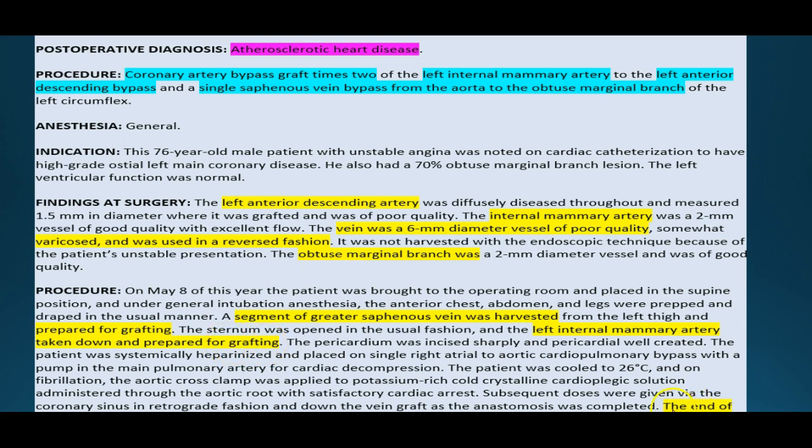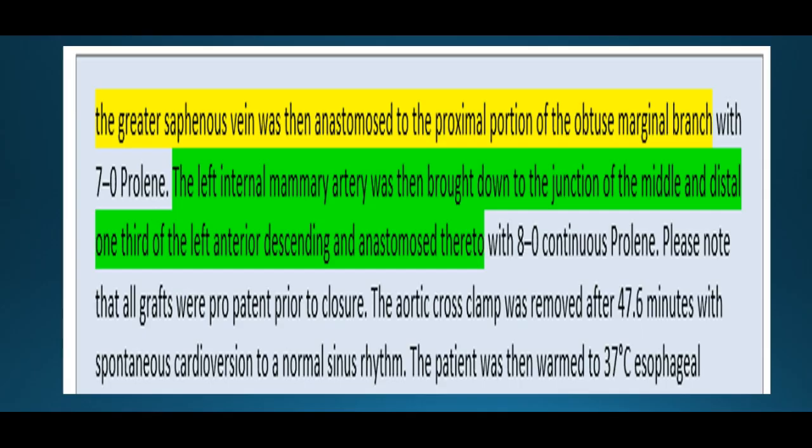Then here I highlighted the end of the greater saphenous vein was then anastomosed to the proximal portion of the obtuse marginal branch. We're going to see a picture of that. The left internal mammary artery was then brought down to the junction of the middle and distal 1/3 of the left anterior descending and anastomosed there too. We're going to see a picture of that as well.